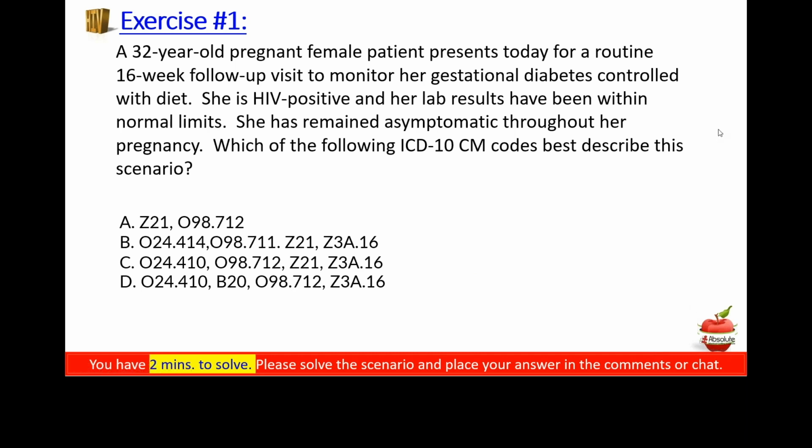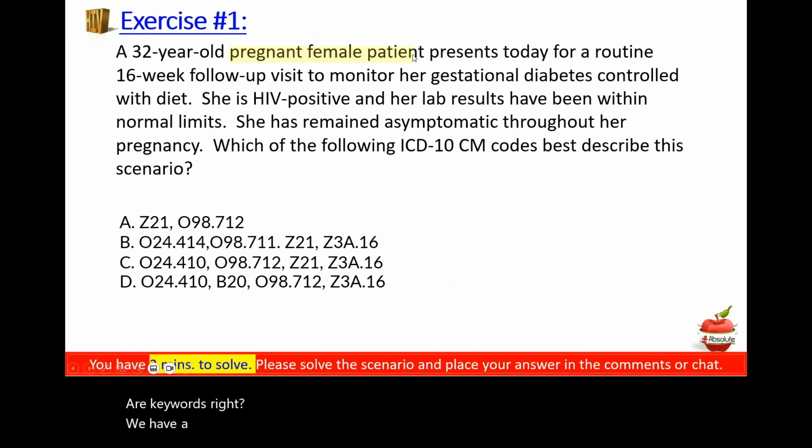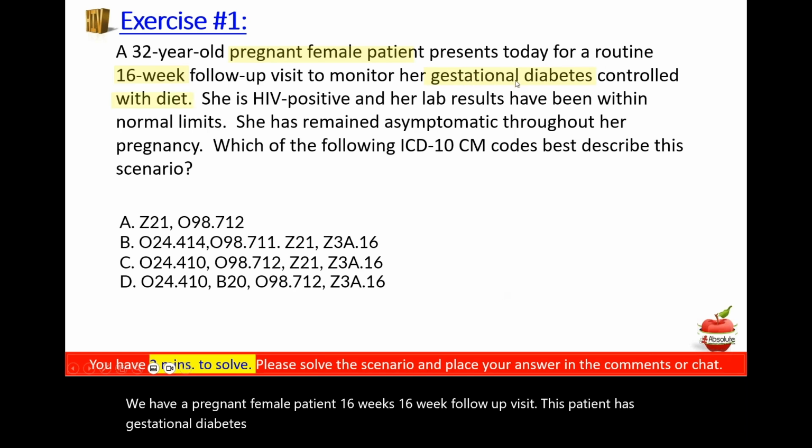All right. I see a lot of wonderful answers here in the chat, and I just want to go ahead and get started by highlighting our keywords. We have a pregnant female patient, 16 weeks, 16-week follow-up visit. This patient has gestational diabetes, and this diabetes is controlled with diet.